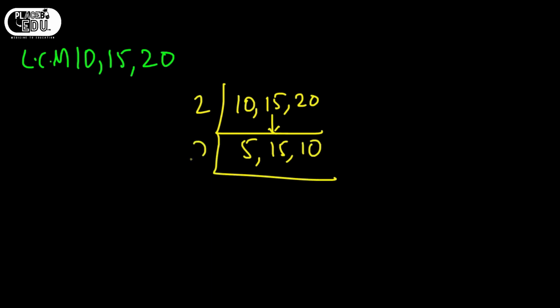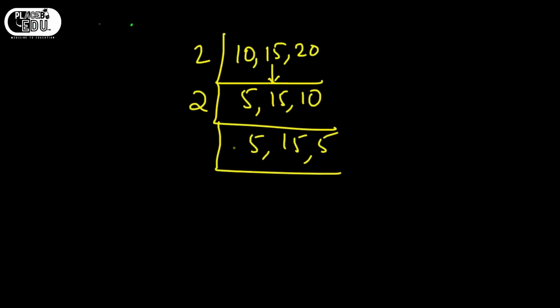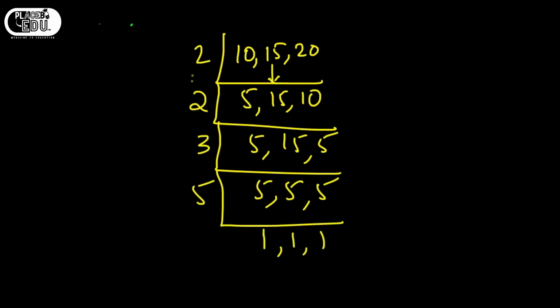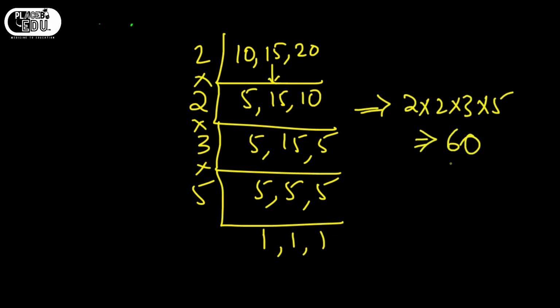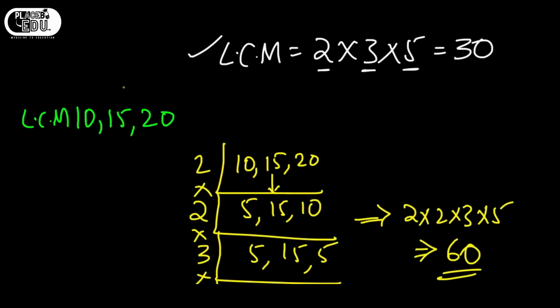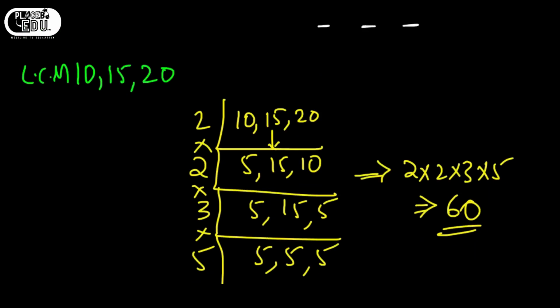We can't for 5 and 10, but 15 can be divided by 3: 3 fives are 15. Then by using 5 we can do it. Multiplying all these terms will give us the LCM. So 2 into 2 into 3 into 5 is 60. So the LCM of 10, 15, 20 is 60.